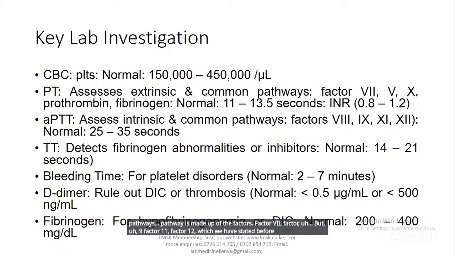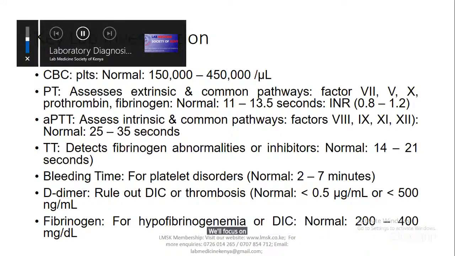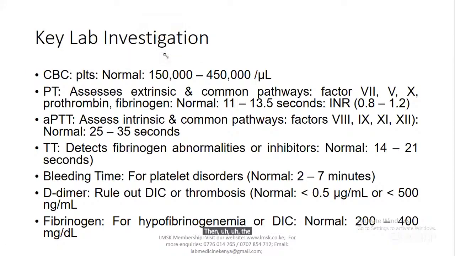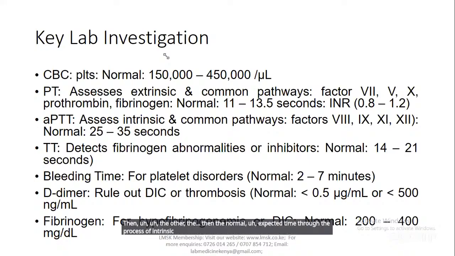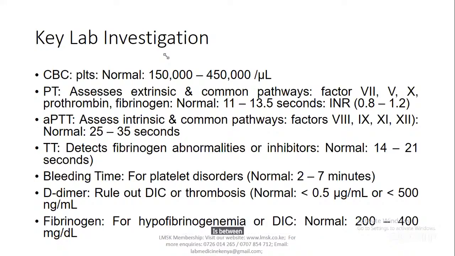And of course, the common pathways will focus on factor 10, factor 2, factor 1, and even factor 5. The normal expected time through the process of intrinsic coagulation is between 25 to 35 seconds, above which you expect a coagulopathy.